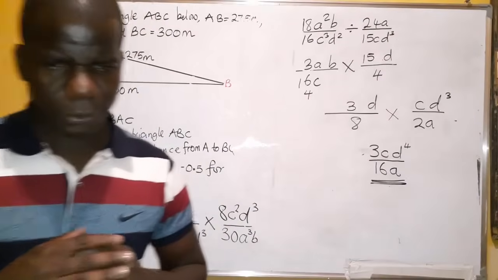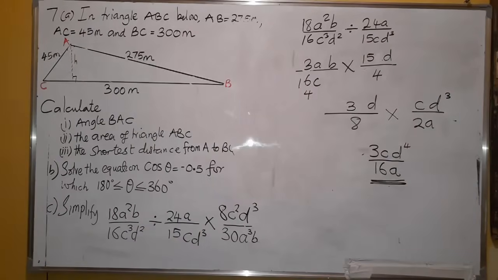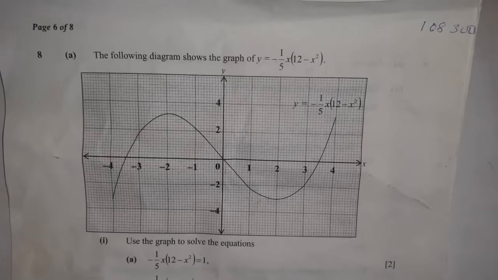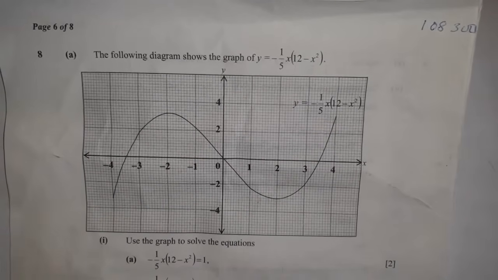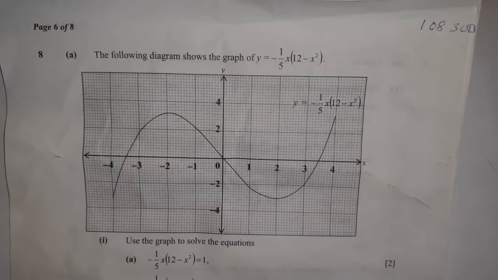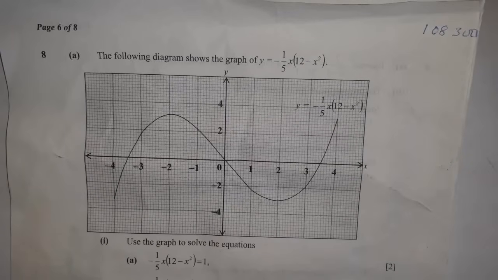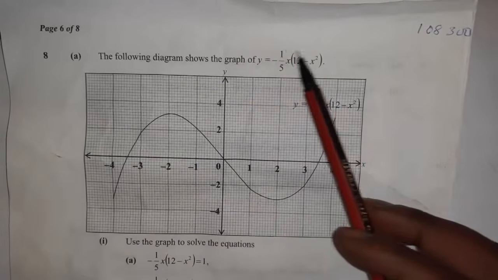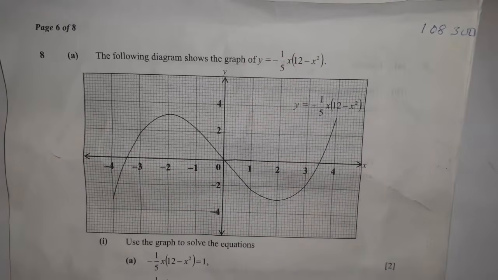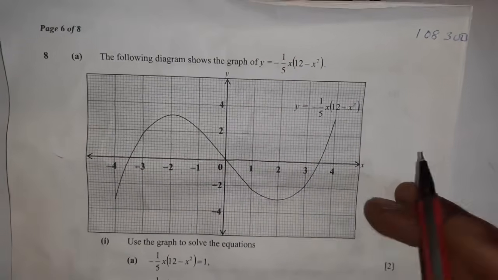So we have to move on to question 8 at this point. Okay, now we are on question 8. Question 8 has two parts, A and B. And A reads, the following diagram shows the graph of this equation here.